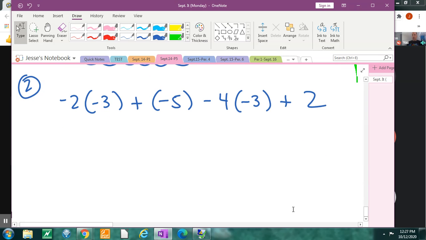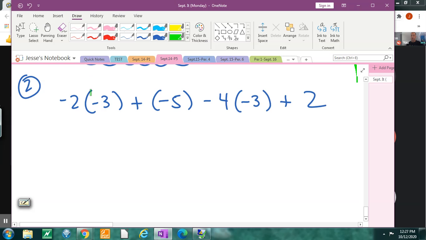All right. So now, what do we do? Remember, you always have to look for the negative, and when you're multiplying something, that's the first thing you should be doing, or dividing, whichever comes first. So here, if you read it, it's negative 2 times negative 3.